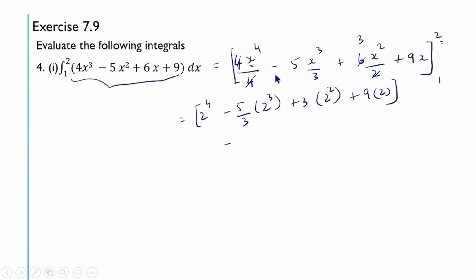So it is 1 raised to 4, which is 1, then minus 5 by 3, then plus 3 plus 9. So minus 1 minus 5 by 3 plus 3 plus 9.